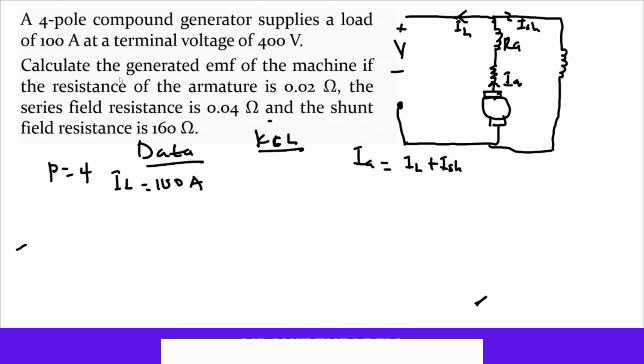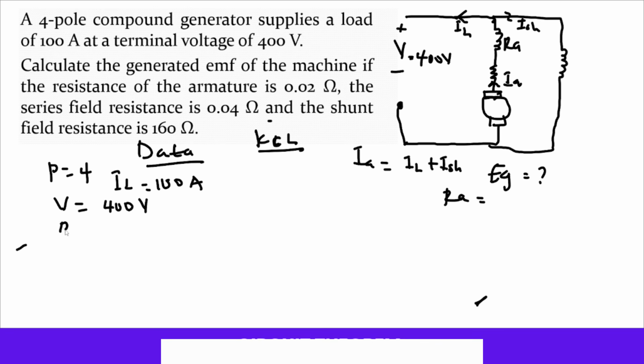At a terminal voltage of 400 volts, so it means that the voltage here is actually equal to 400 volts. The question says we should calculate the EMF of the machine, so it means that the EMF hasn't been given to us.